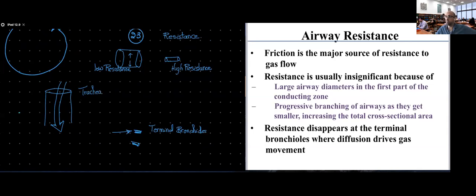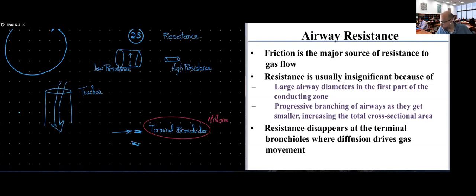Which one will have a larger diameter? Definitely your terminal bronchioles. Why do your terminal bronchioles have a larger diameter? Because you have millions of them. So if you are passing from one trachea into one terminal bronchiole, yes, at this point, you're going to have a huge resistance. Nobody will be able to overcome it to allow the air to flow.